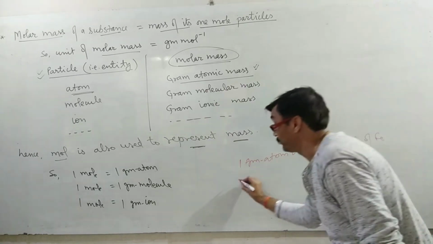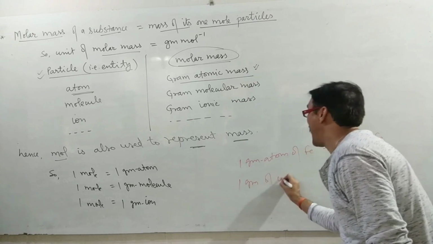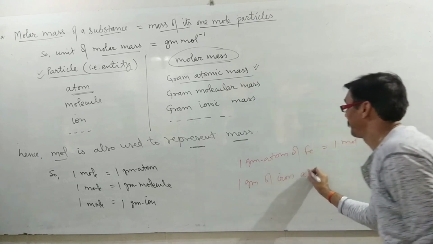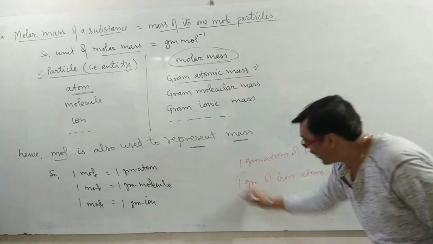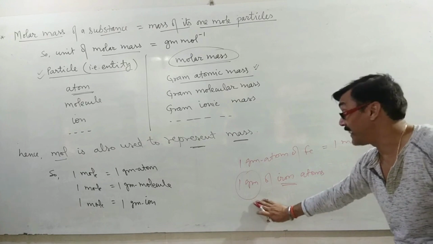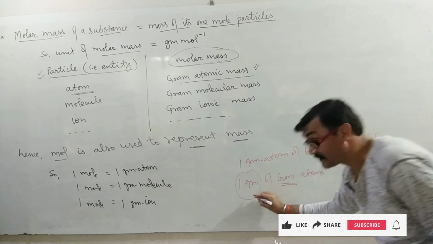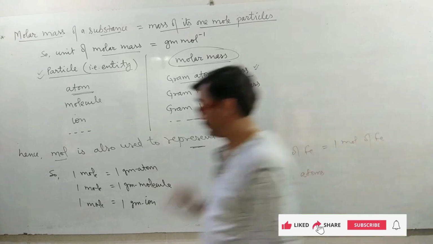But if we say 1 gram of iron atoms, then it is the mass of iron. It is not a mole. It is just a mass, 1 gram of iron atoms.